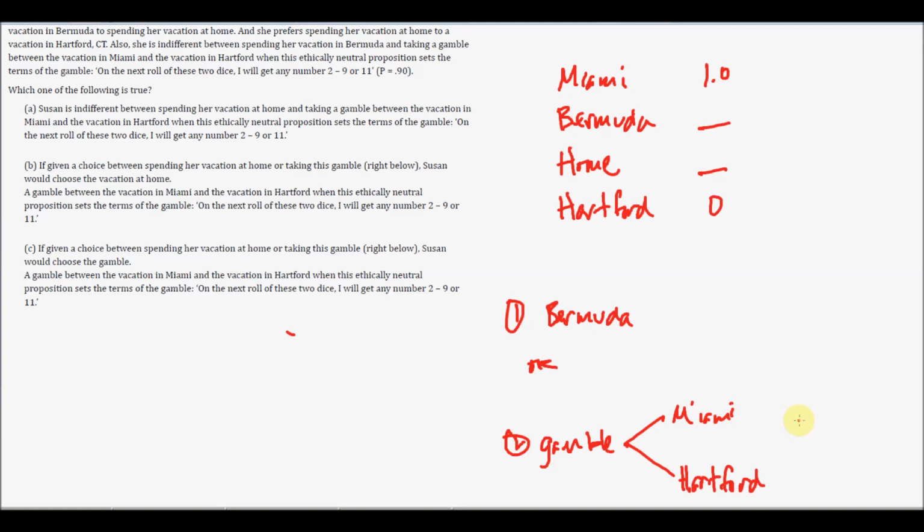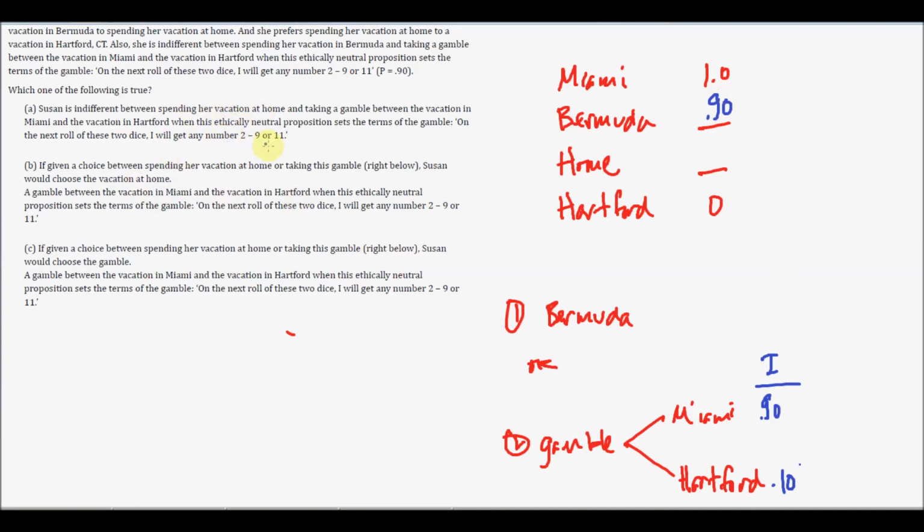So on the next roll of these two dice, I will get any number 2 through 9 or 11. So that is, she has a 90% chance of winning the gamble and a 10% chance of losing. So when that's the case, she's indifferent between these two. So we'll say I is for here. And that means her utility value for Bermuda is 0.9.